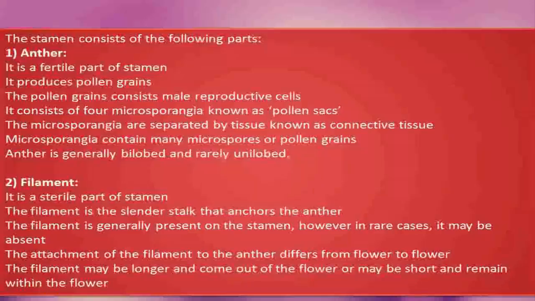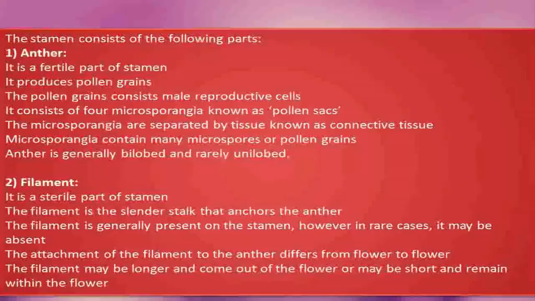Filament is a sterile part of the stamen, that means it has nothing to do with reproduction. It is just the sterile part. The filament is a slender stalk that anchors the anther.